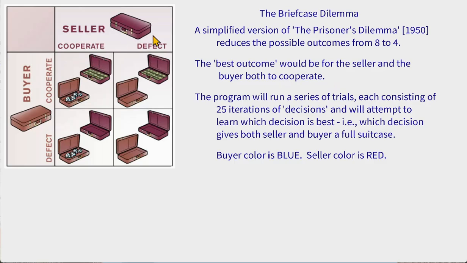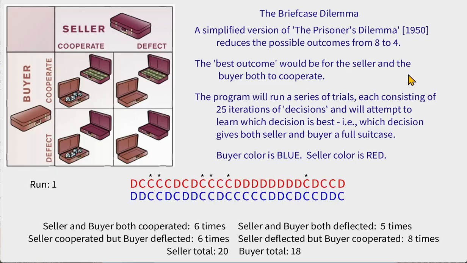But if the seller defects and the buyer cooperates, the seller gets a briefcase, but the buyer is empty. And likewise, if the buyer defects and the seller cooperates, then the buyer ends up with a full briefcase. If they both defect, then they both end up with nothing. So obviously the goal is to learn to cooperate. So let's get it started.